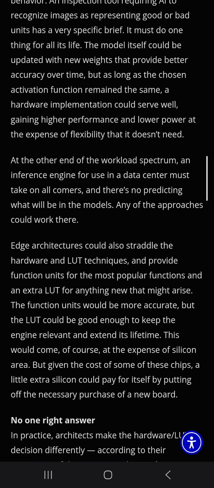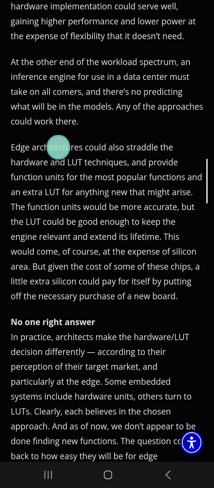At the other end of the workload spectrum, an inference engine for use in a data center must take on all comers, and there is no predicting what will be in the models. Any of our approaches could work there. Edge architectures could also straddle hardware and LUT techniques and provide a function unit for the most popular functions and an extra LUT for anything new that might arise.